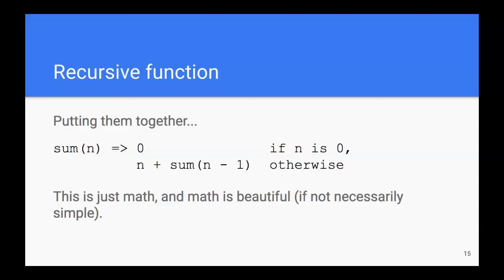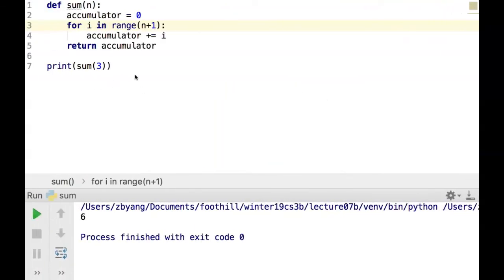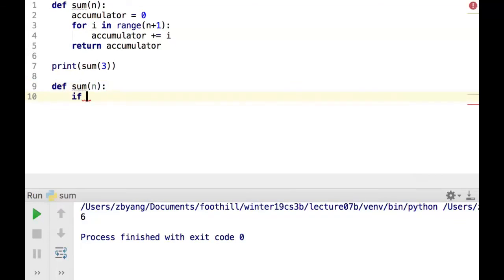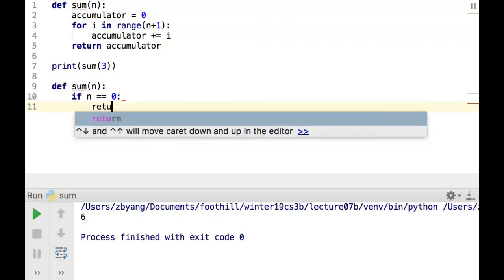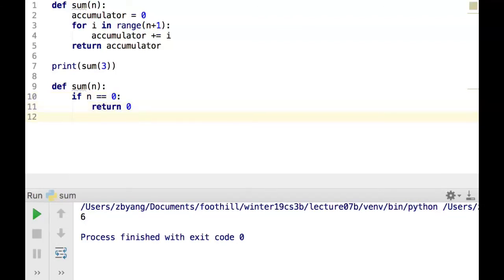So anyway, now that we have this kind of a mathematical equation for sum, how do we turn that into Python? Well, let's give that a try. I'm gonna redefine sum again. So remember what we said. If n is 0, what is the sum? Well, it's just 0. Otherwise, sum of n equals n plus sum of n minus 1.